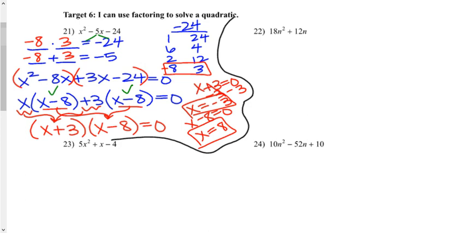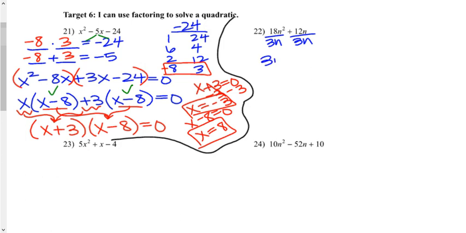All right. Number 22. I don't have a C value in this case, which means all I'm going to do is factor out a GCF. That's all I can do. In this case, I can factor out a 3n. So I can divide both of these by a 3n.